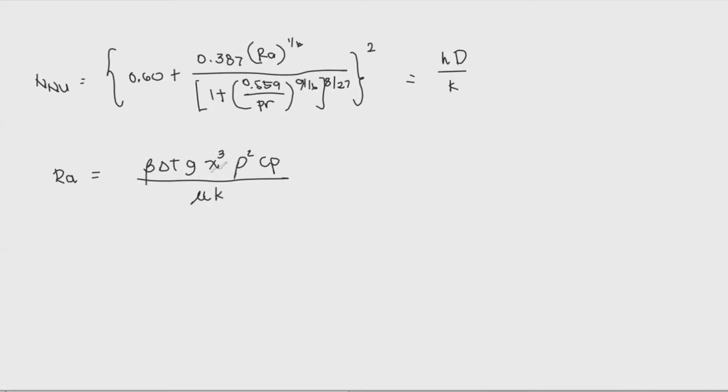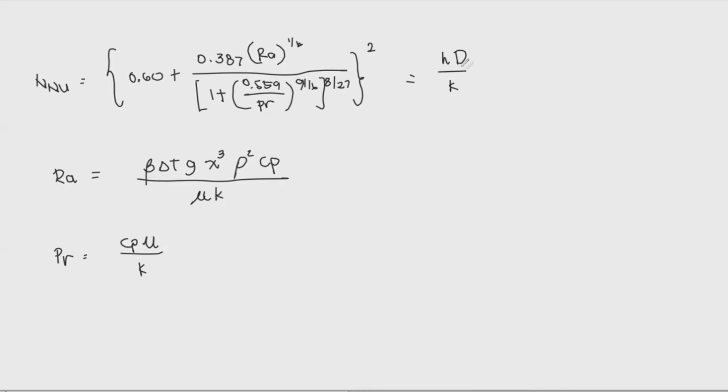So all of these will be evaluated at the film temperature. Prandtl number is, on the other hand, equal to Cp mu over k. You already know this, the momentum diffusivity over the thermal diffusivity. The Rayleigh number relates the buoyancy forces with these capillary forces or the surface tension.